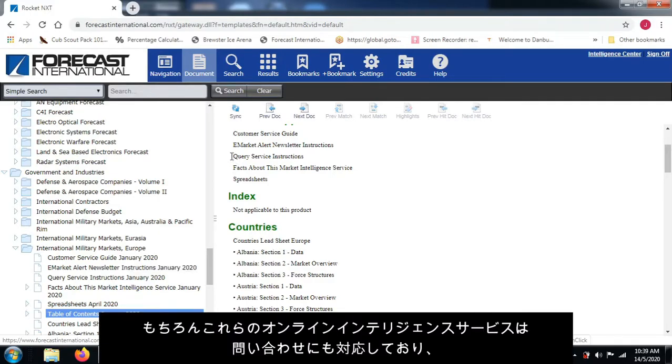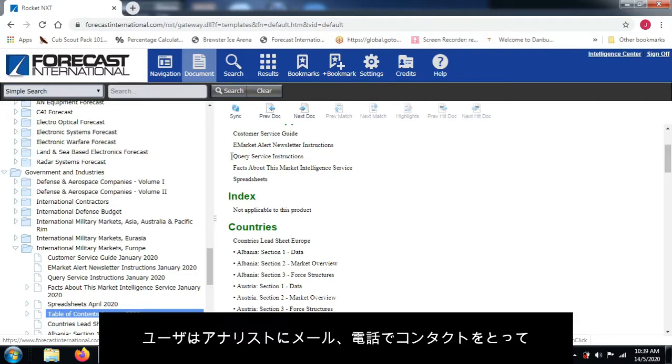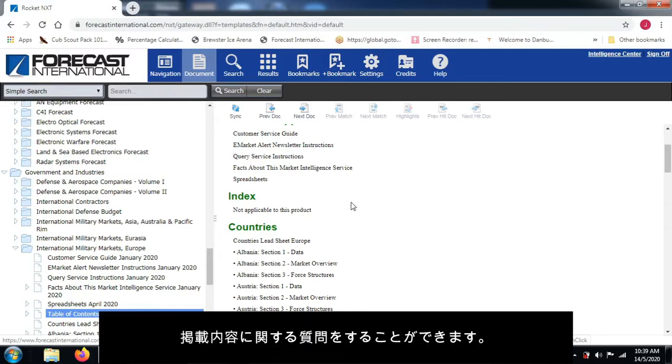Of course, each of these online intelligence services comes with a query service, which means that the user is enabled to contact the analyst at any time via email or phone call and ask questions about the intelligence service and the content within it.